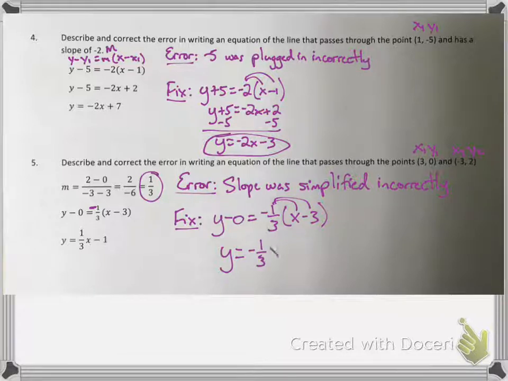Negative 1/3 x, negative 1/3 times negative 3 is a positive 1. It's a completely different equation. Same numbers, same digits, but the signs are both different, which means your line's going to go the opposite way. So again, losing a negative sign, no different than the last problem. You miss a sign, you screw something up with that, it's going to make a big difference in your problem.